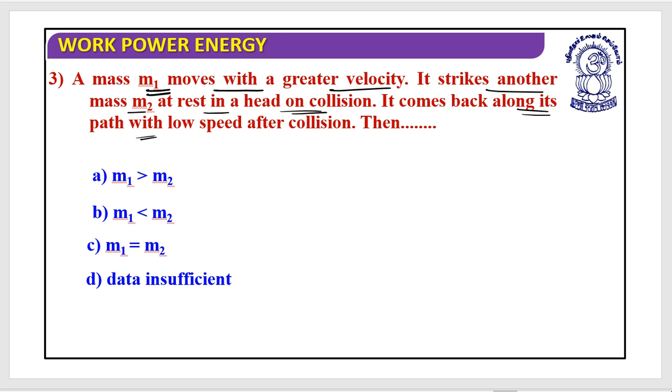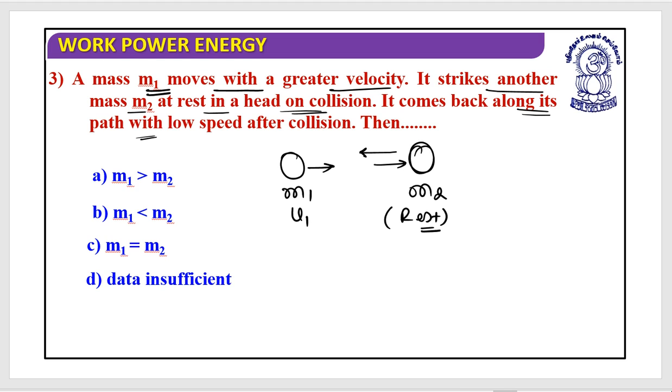So this is the situation: a mass m1 is moving with a greater velocity, let's say u1, and it strikes another particle of mass m2, which was initially at rest, in a head-on collision. That means it is going to hit it over here. After collision it is going to move back in this direction, but with a lesser speed.